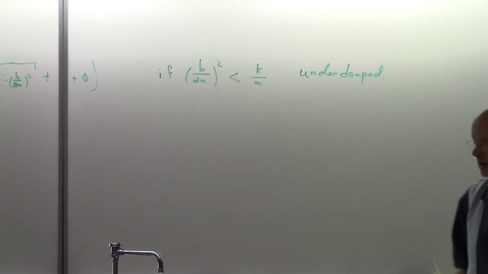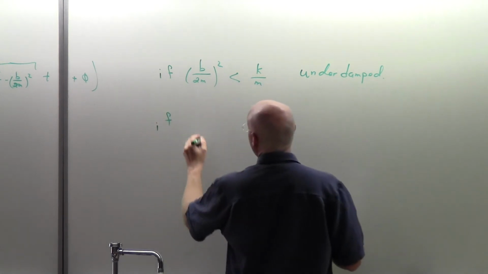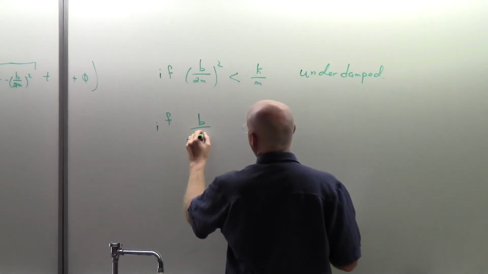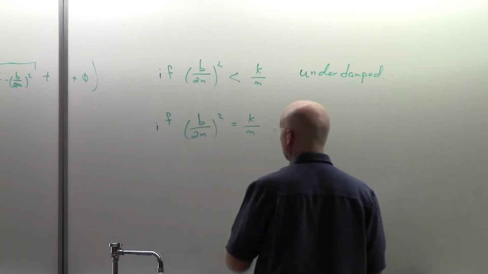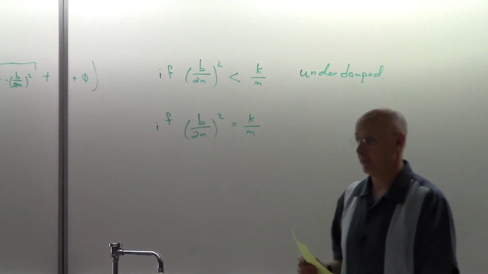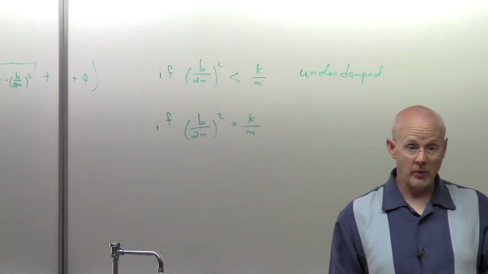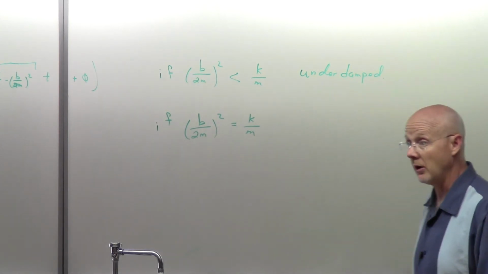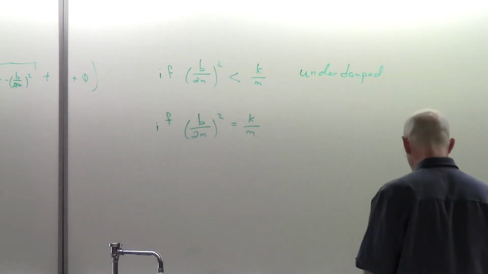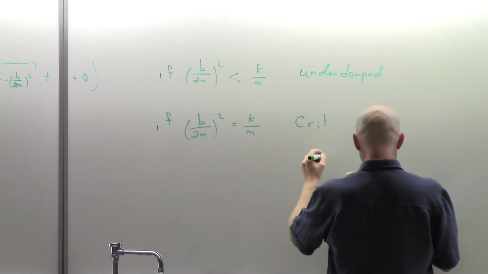It will oscillate. I say that because what if b over 2m squared is equal to k over m? Let's say there is quite a bit of resistance. Of course, what I'm showing you is what we would call underdamped. It oscillates. But if it is what we have quite a bit here, what we're going to call critically damped, what would that look like?